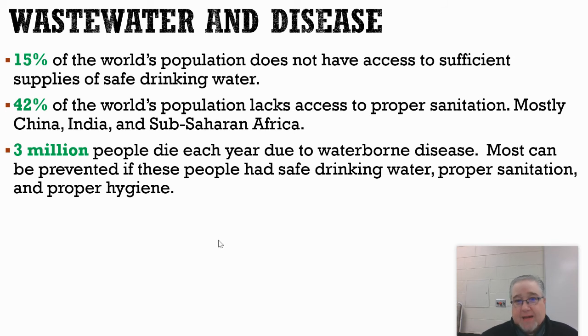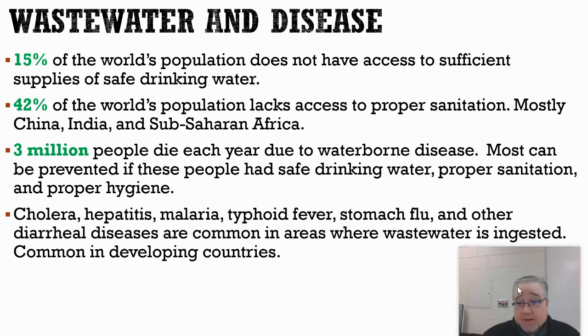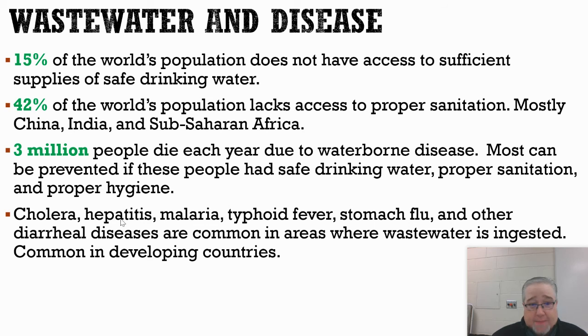3 million people die every single year due to what we call waterborne diseases. Now, waterborne diseases are basically generated by people drinking out of a water supply that's contaminated with sewage. It was contaminated with basically human waste. Diseases like cholera, hepatitis, all these things, malaria. Most of these diseases you never really hear of in the United States.